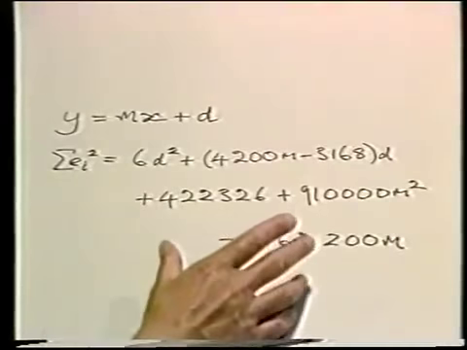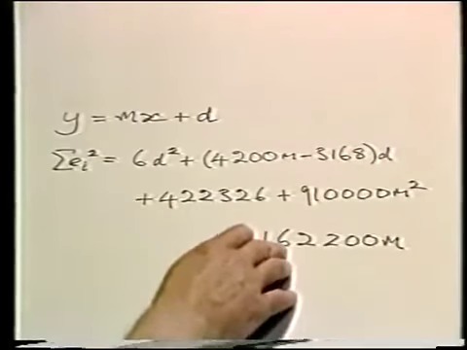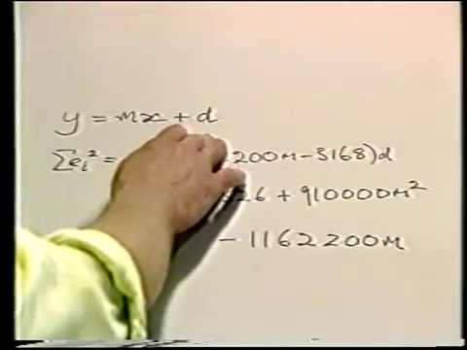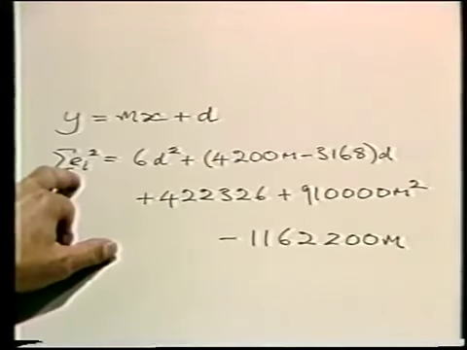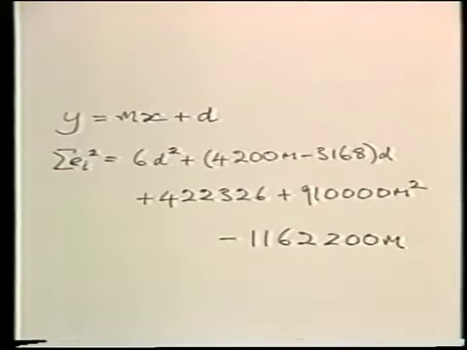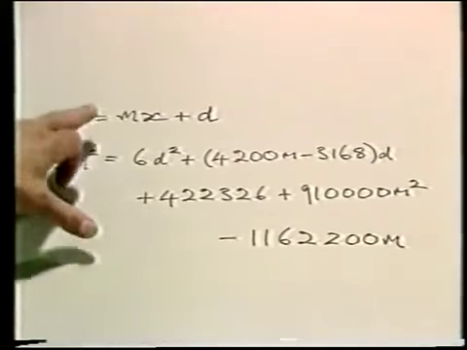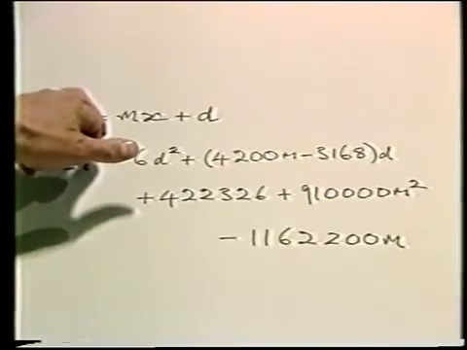And any pair of values for m and d will specify a particular line. And we've got to find the pair of values which makes this quantity the smallest. If we can do that, we'd have specified the particular line that we're looking for.